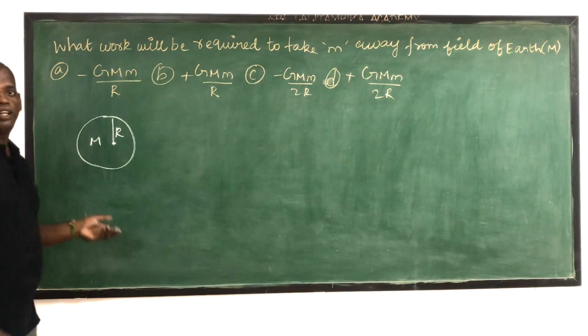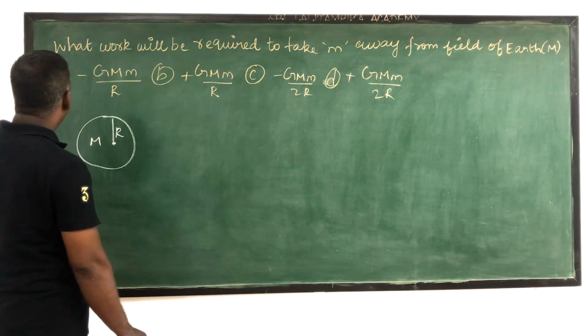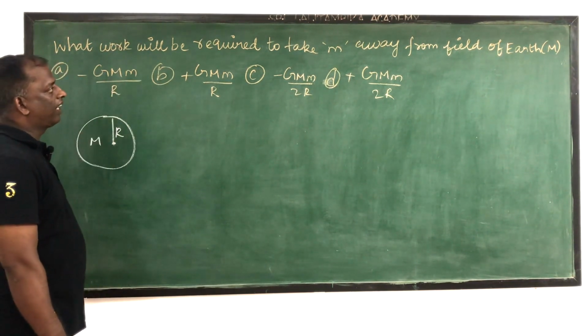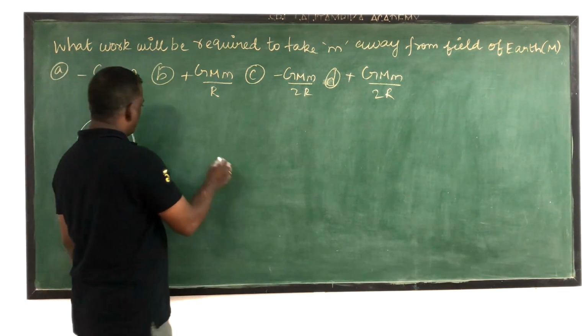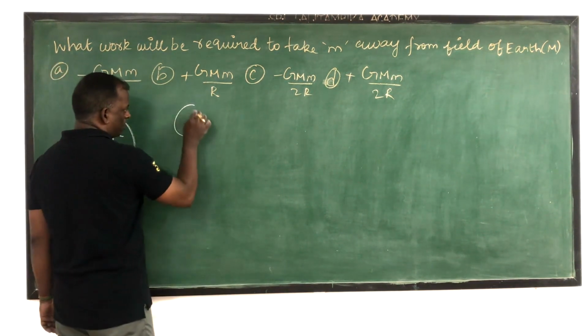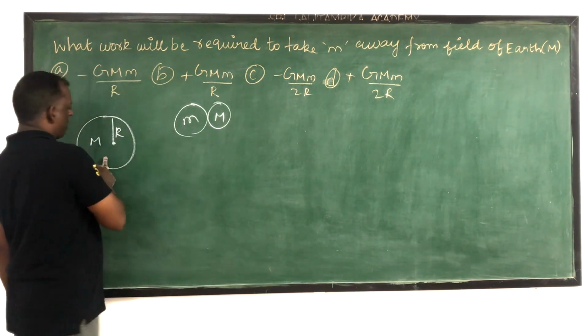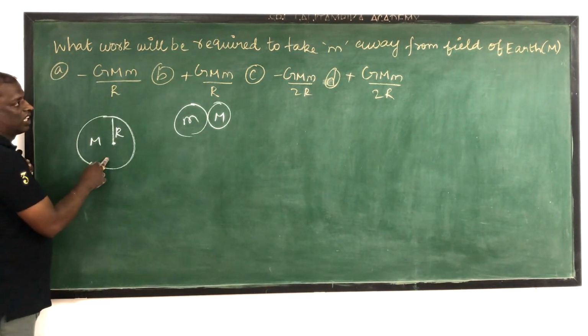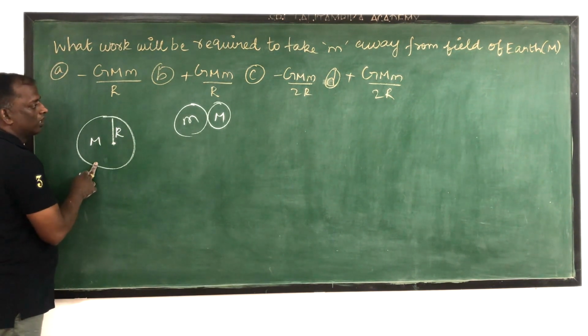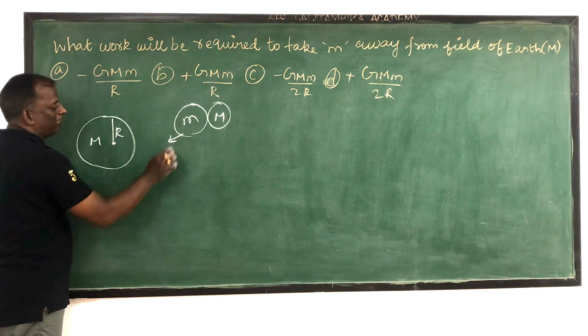In this question, what they are asking is: what work will be required to take an atom away from the field of mass. So write it well: we have two masses, small m and capital M. Here capital M is the Earth, and we are going to remove this small m.